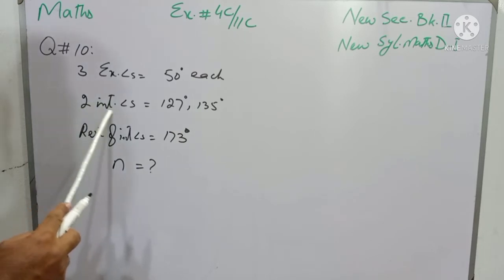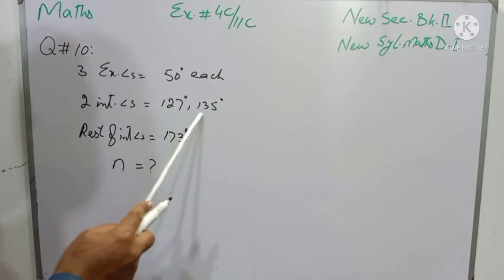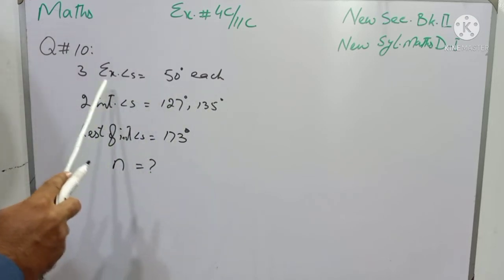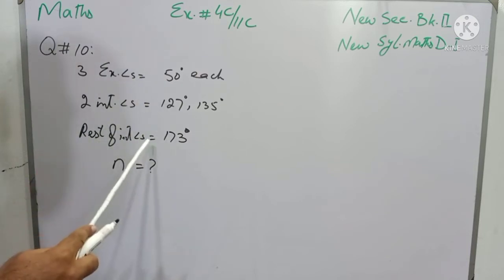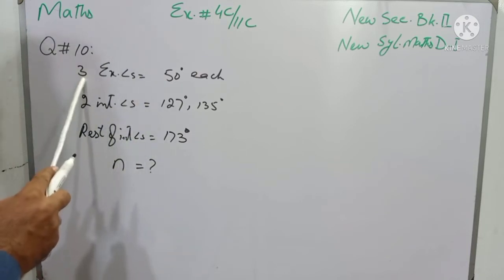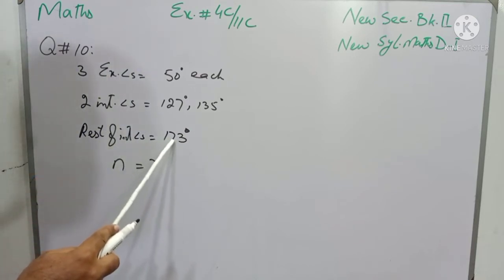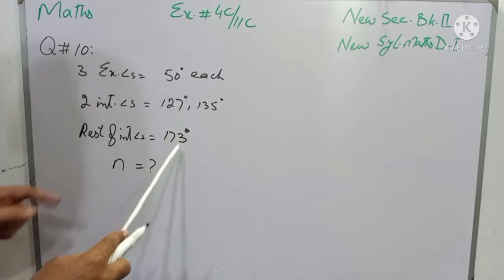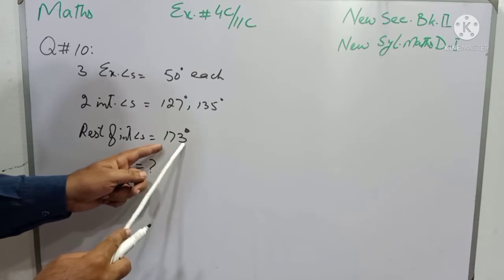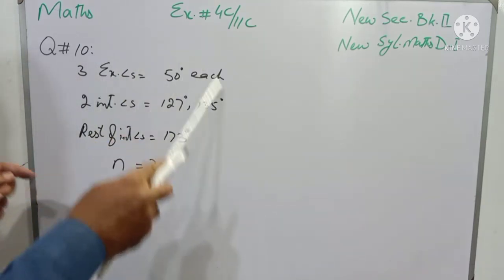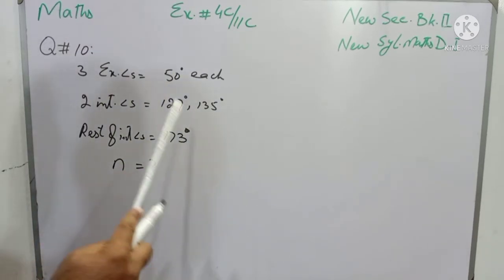If two interior angles are 127 and 135, with the help of these we can easily find the exterior angles. And students, the rest of the angles are n minus 5, because 5 angles are given, and each interior angle is 173 degrees. So n minus 5 exterior angles will each be 180 minus 173 degrees. The sum of exterior angles is always 360 degrees.